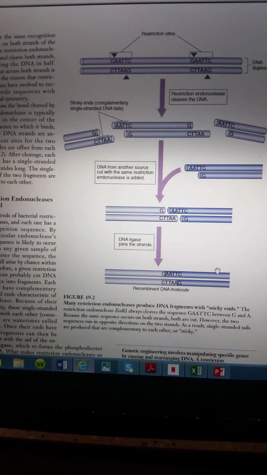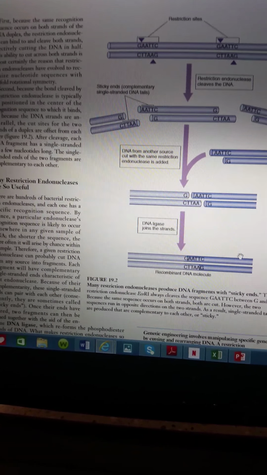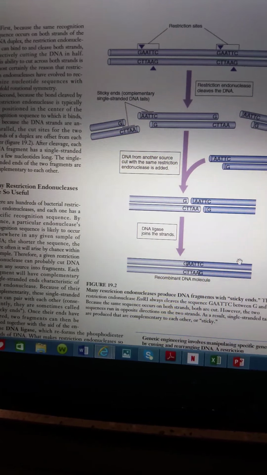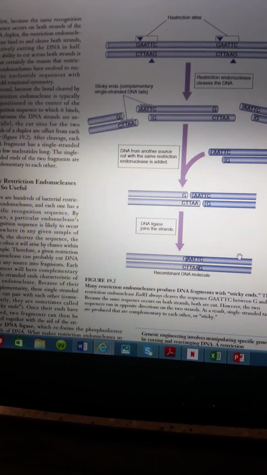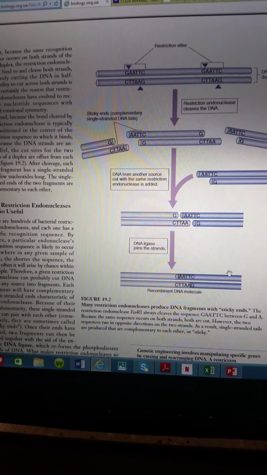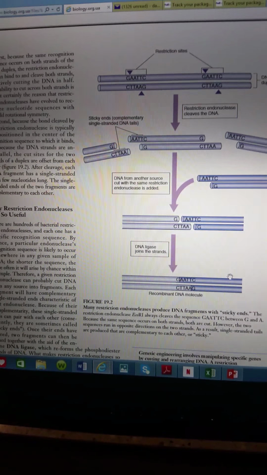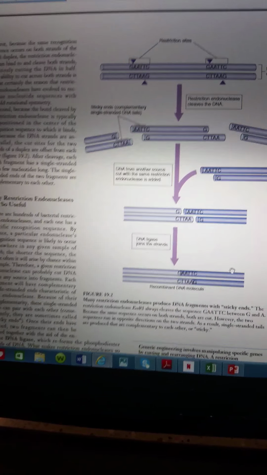Through this, they go through a recognition sequence, which recognizes 4 to 6 nucleotides. And what this does is make fragments of the DNA, or the DNA duplex.